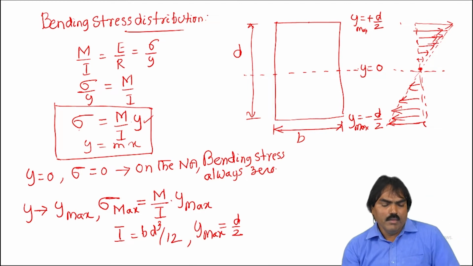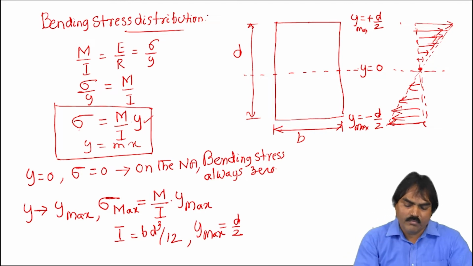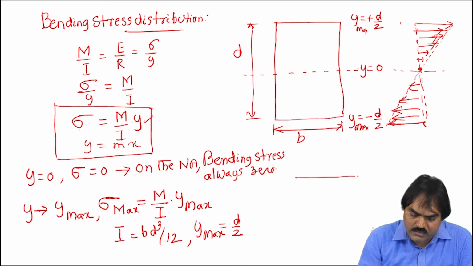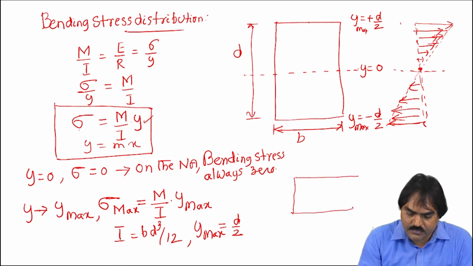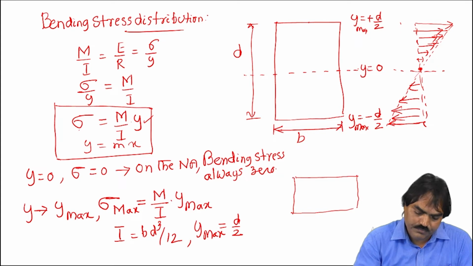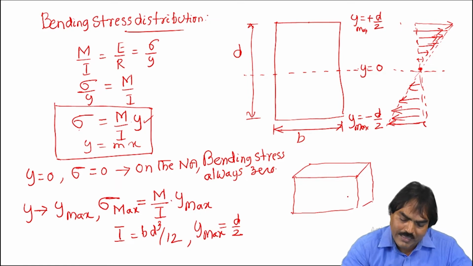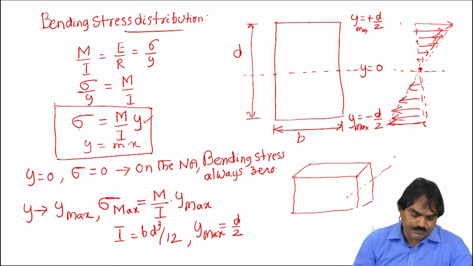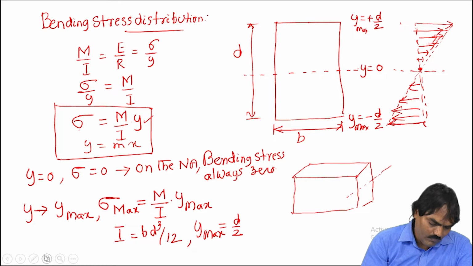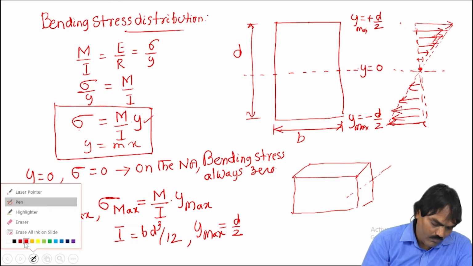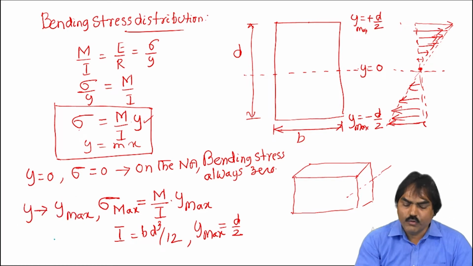If it is like a 3-dimensional beam like this, on this also, this is the neutral axis.